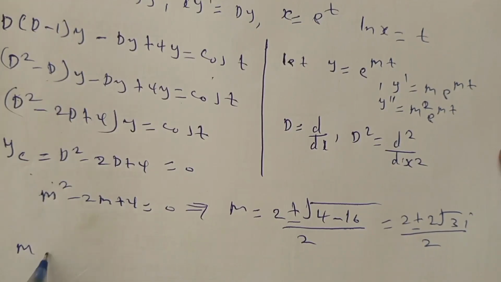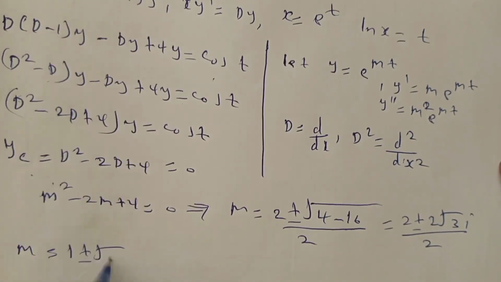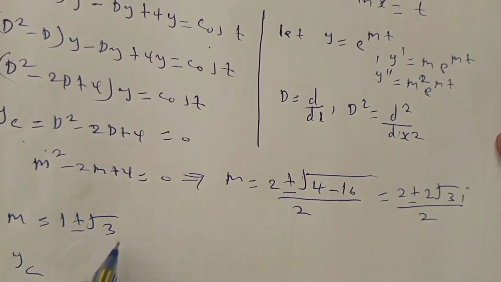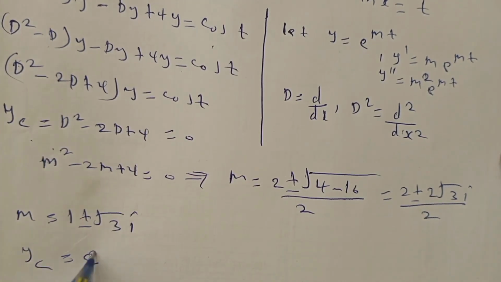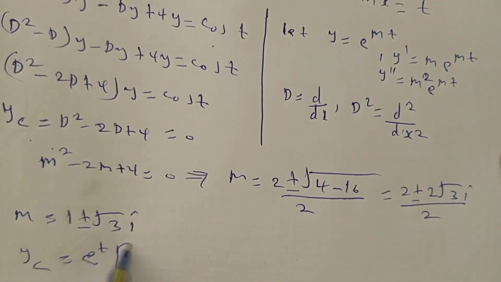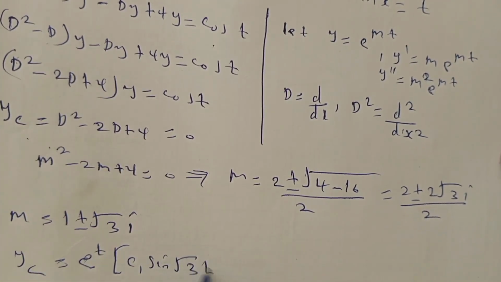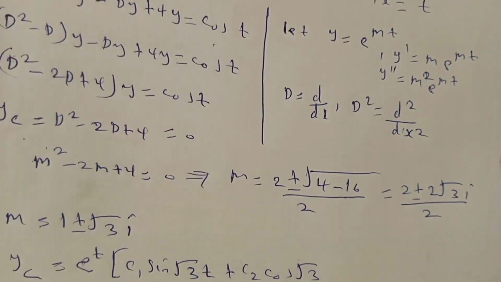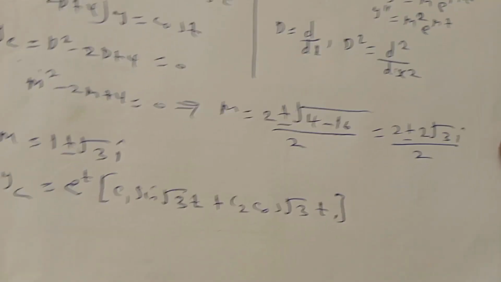So our m is equal to 1 plus or minus root 3 i. Our y complementary will be given by exponential t into bracket c1 sine of root 3 t plus c2 cos of root 3 t. We close the bracket. So that is our y complementary.